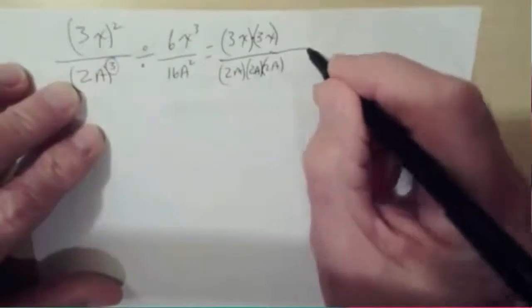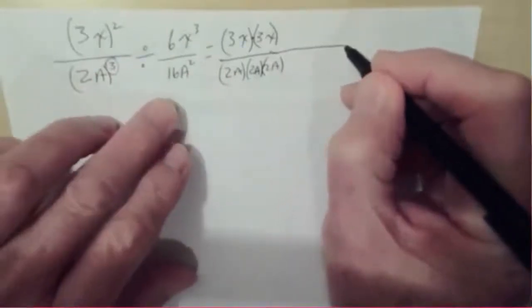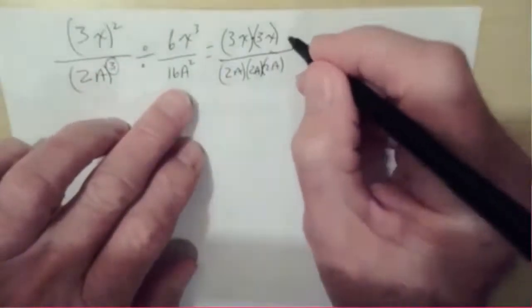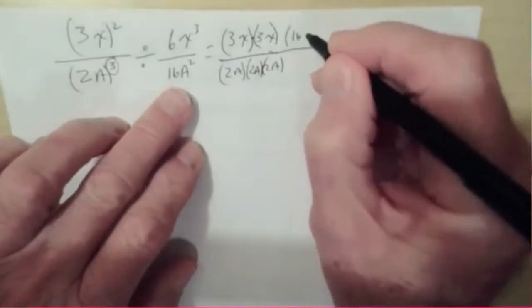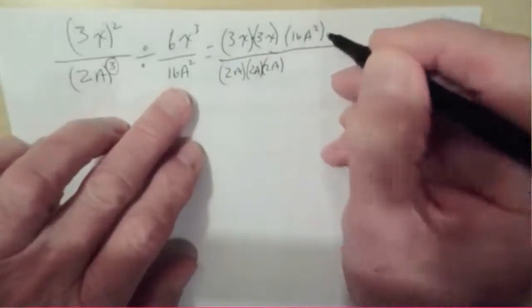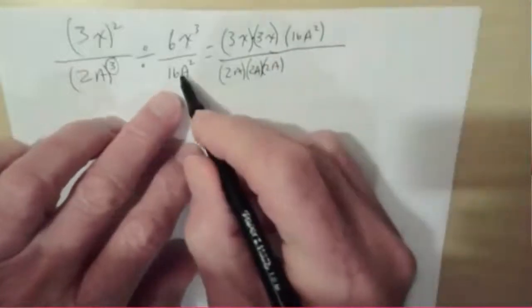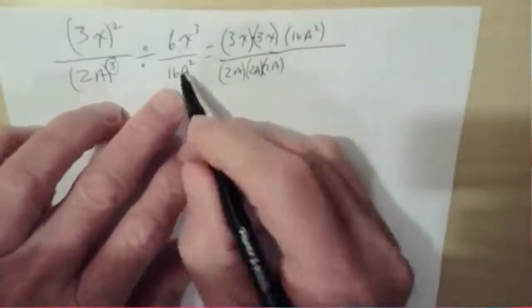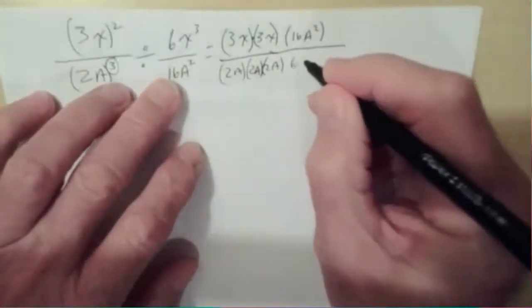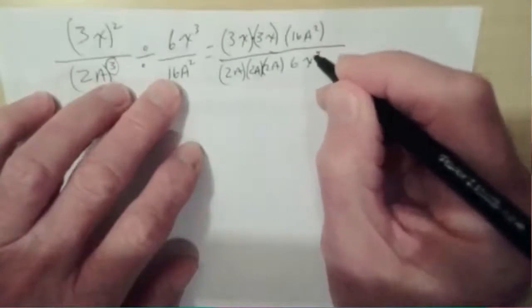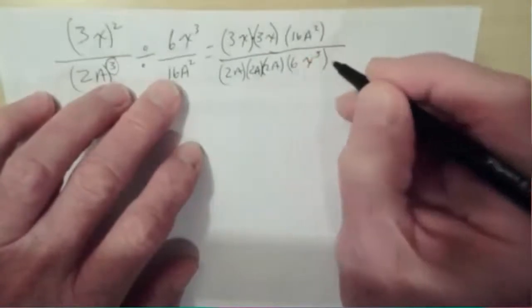Times 16a squared, right? We're going to multiply by the reciprocal, over 6x cubed. Okay.